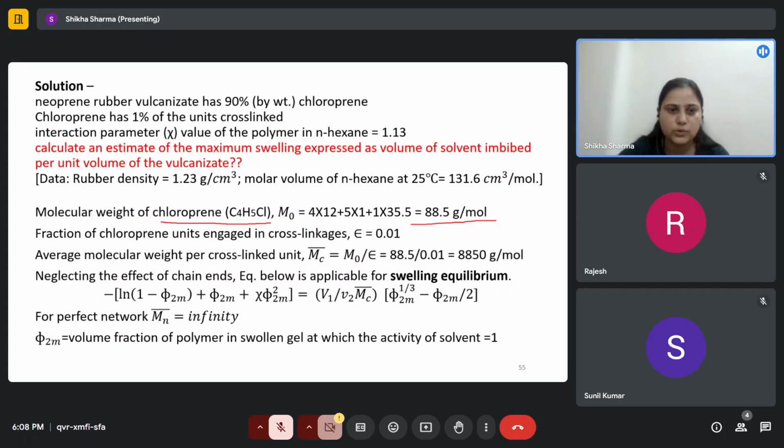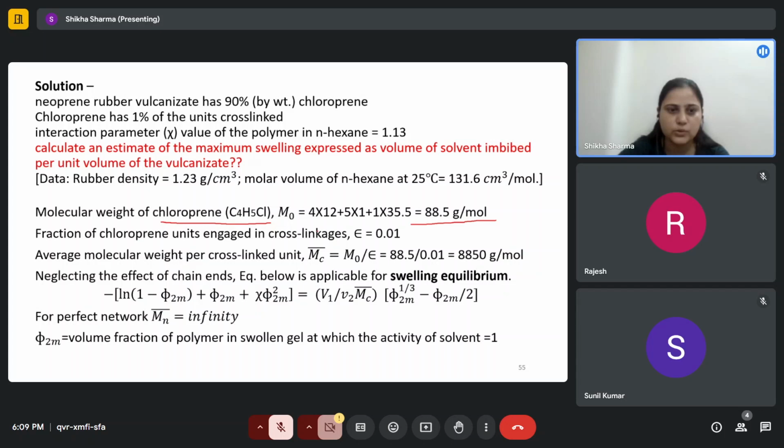So 0.01 is cross-linked, which is our epsilon value. The average molecular weight per cross-linked unit is the molecular weight of the chloroprene monomer divided by the fraction of chloroprene units engaged in cross-linking, 0.01. So 88.5 divided by 0.01 is 8850 gram per mole.